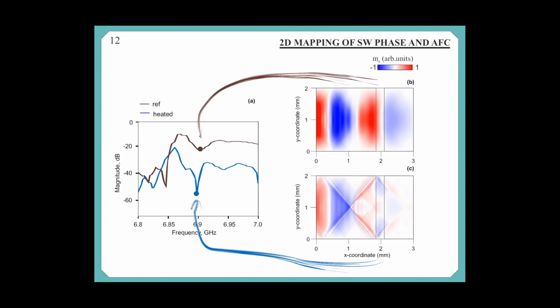This slide shows the amplitude frequency response for the structure without laser heating and with laser heating. It can be seen in green, at the frequency 6.8 GHz, the transmission is dropped when the laser radiation is applied. To explain this, the distribution of the Mz component of magnetization was plotted.